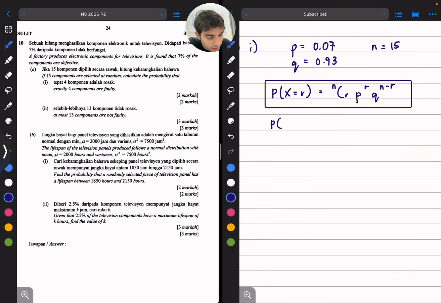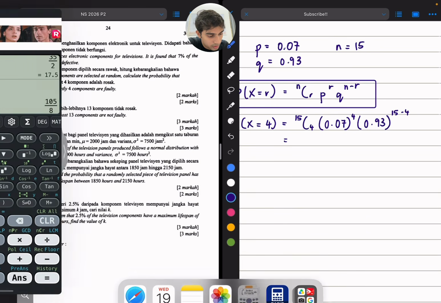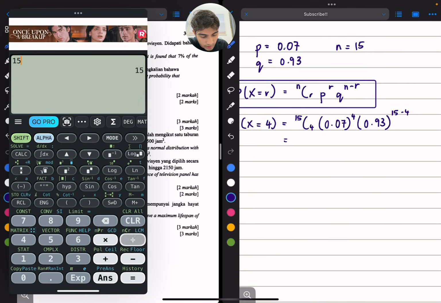So x equals 4. P is 0.07, Q is 0.93 to the power 15 minus 4, 15C4, with 15 minus 4 being 11.